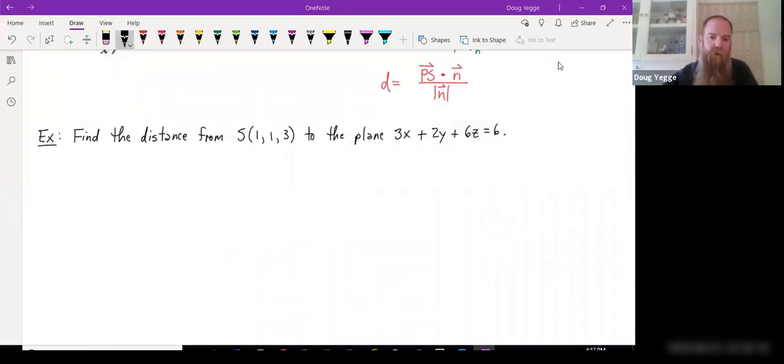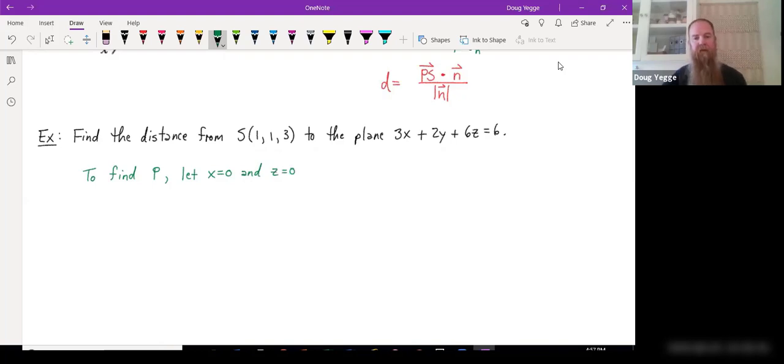So for this example, we're given the point S, and we're given a plane, but we're not given a point on the plane. So we don't know point P. So to find point P, we just have to think about how we could find any point that's on the plane. So really, we just have to let two variables equal some quantity. So why don't we just go ahead and let x equal 0 and z equals 0.